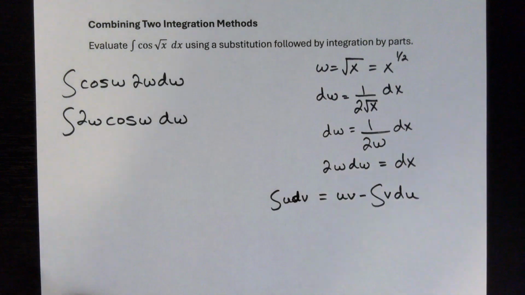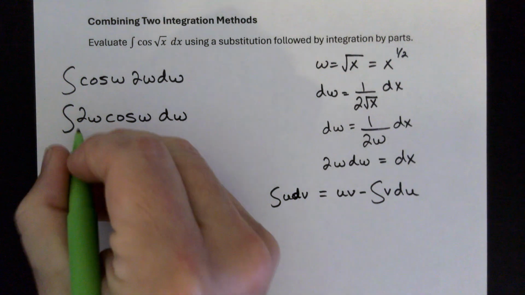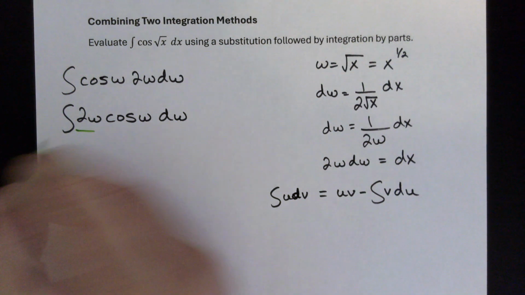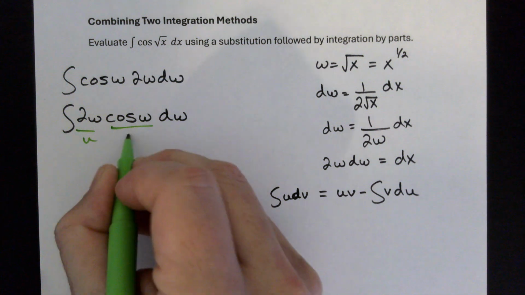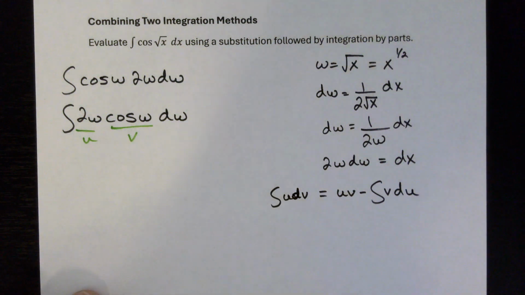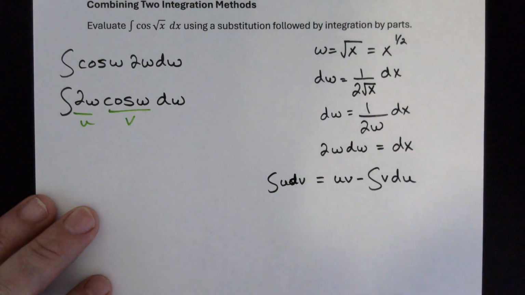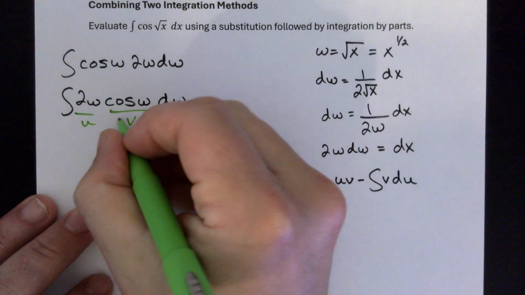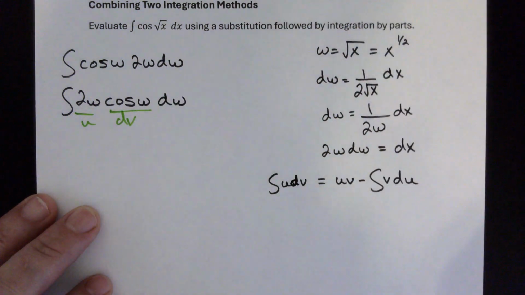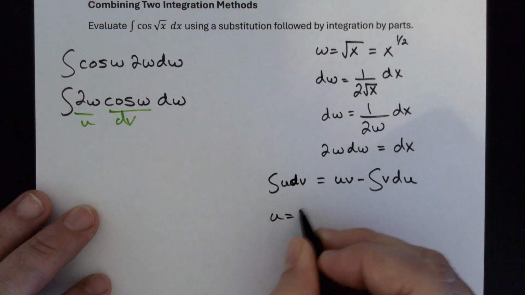So we're going to make this our u, and we're going to make this our dv, and you'll see why in a second. You have to choose dv first. So for u, we'll say it's 2w.